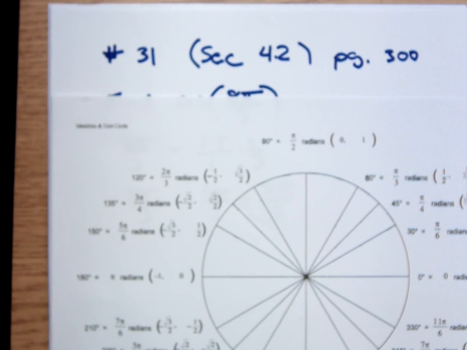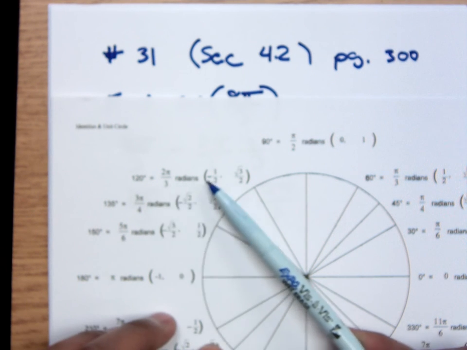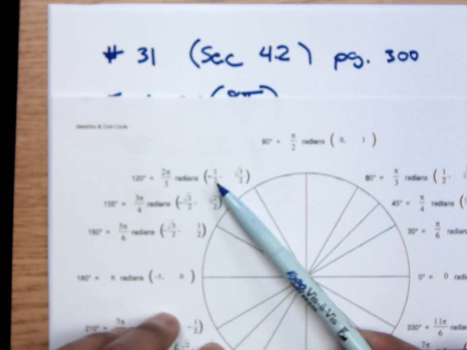The x value. If you can see this on your paper, here's 2 pi over 3. The cosine is this value. I know it's kind of blurry here, but the cosine is this. So what's the cosine? Negative 1/2.